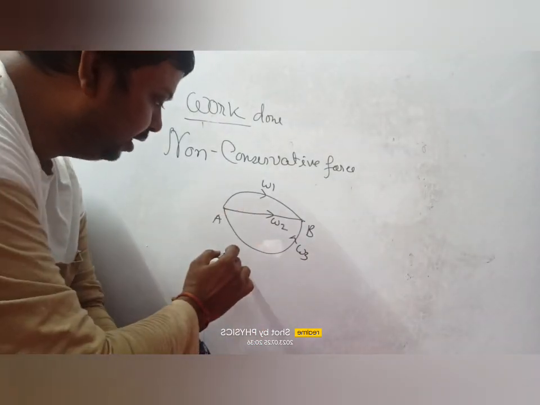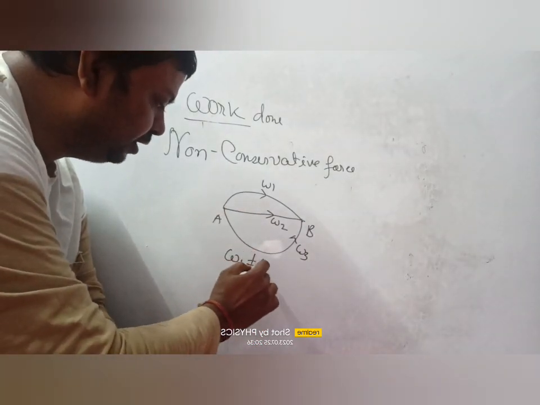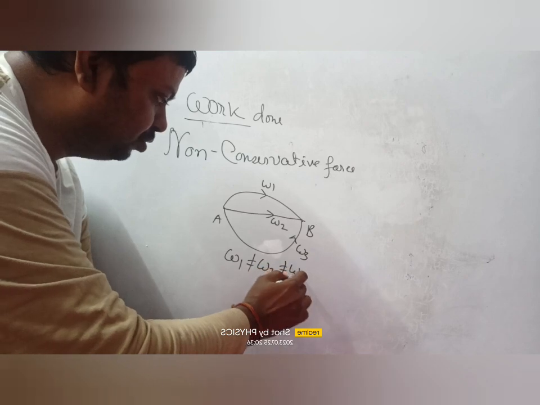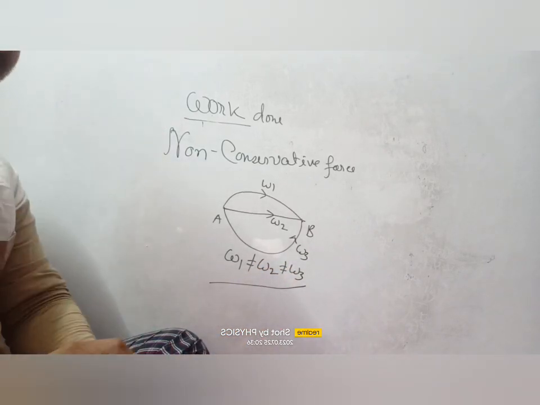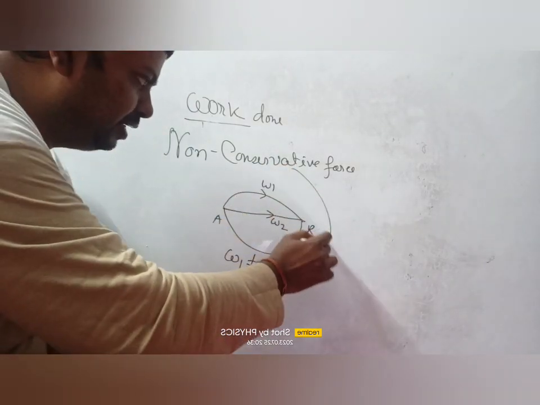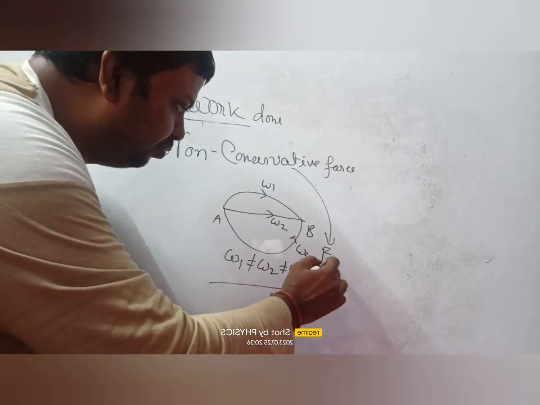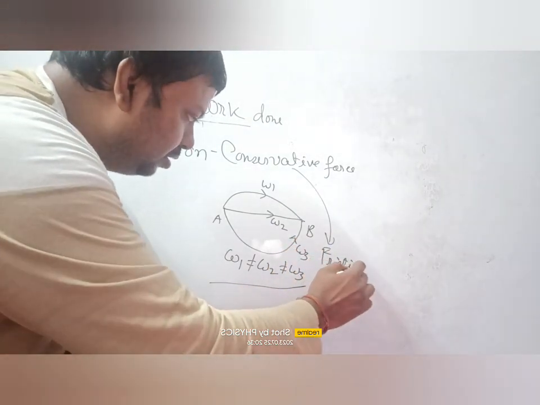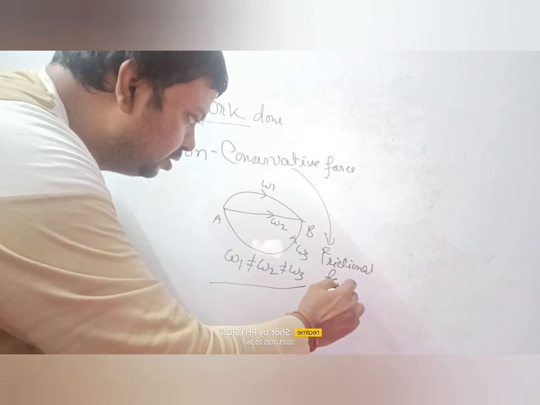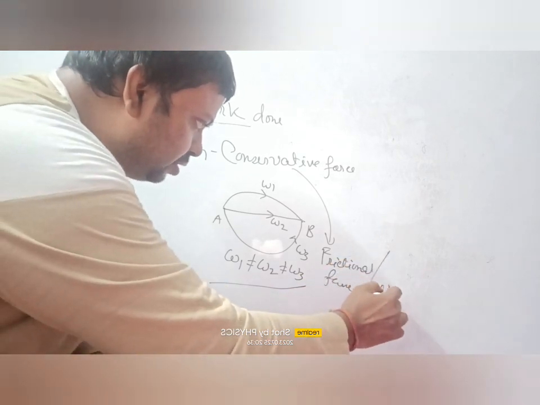So here W1 is not equal to W2, which is not equal to W3. That is the non-conservative force. What are examples of non-conservative force? The frictional force, the viscous force, etc.